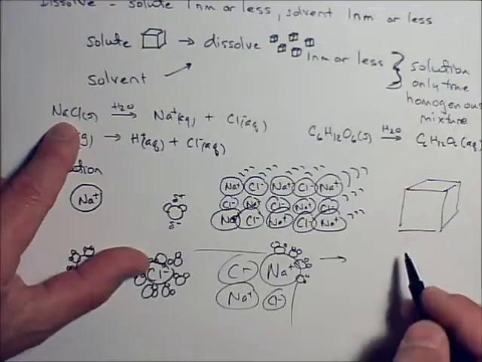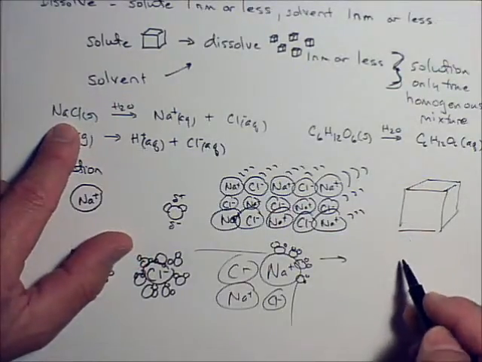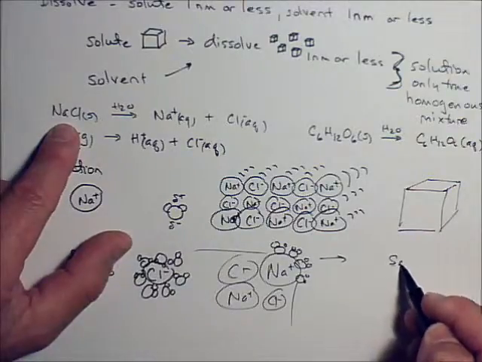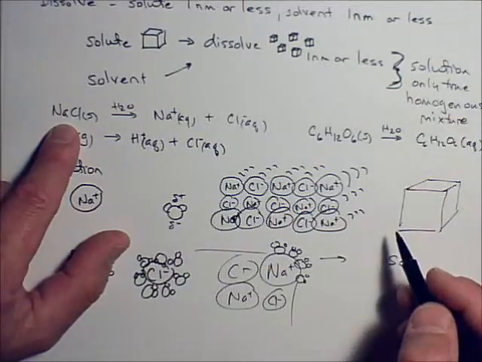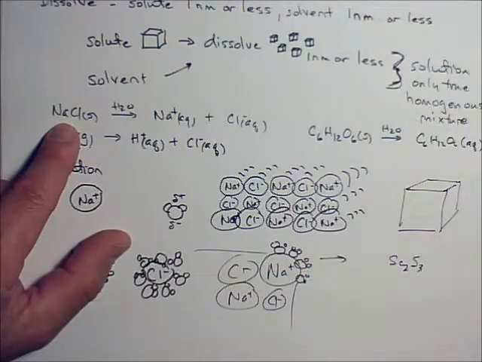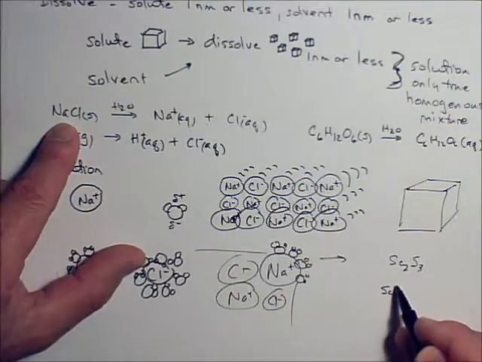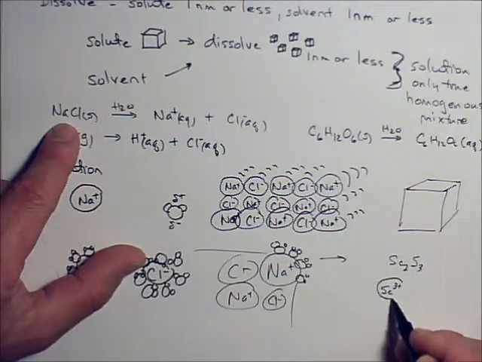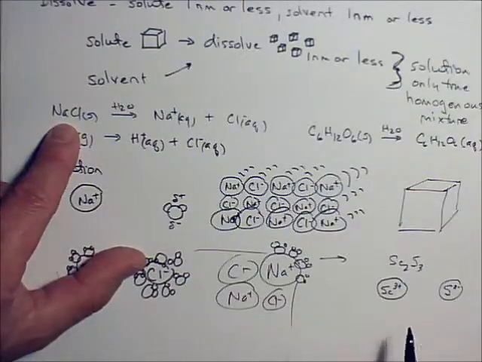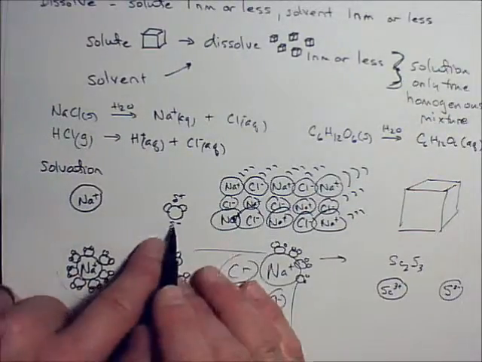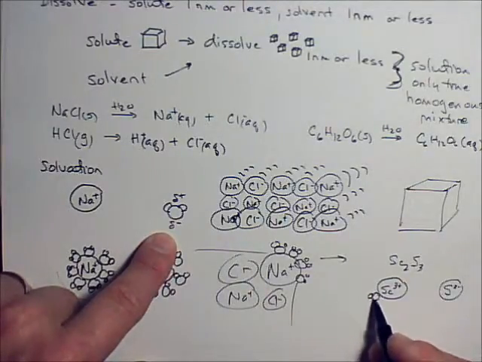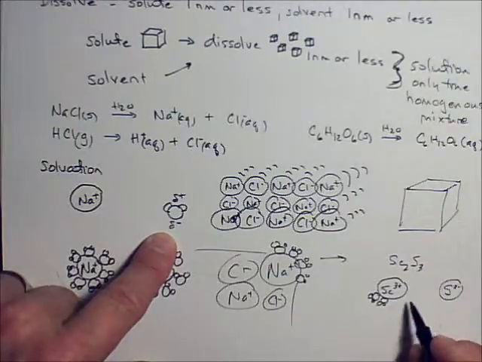I could be doing scandium and sulfur, where scandium is a 3+ ion and sulfur is a 2- ion. But the same basic idea occurs. The negative end of the water is going to be attracted to the positive ion. So the water molecule's oxygen side is attracted to the scandium.